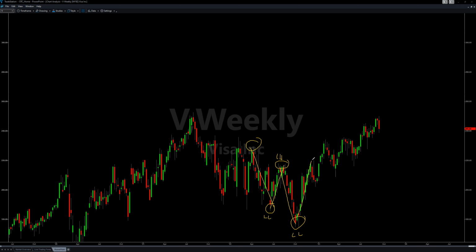And then we broke the previous pivot, okay? We are trendless, okay? Then that means this is also a low, a high, and what is it? A higher low, then a higher high. That is a trend reversal, right? Downtrend left side, right side uptrend.